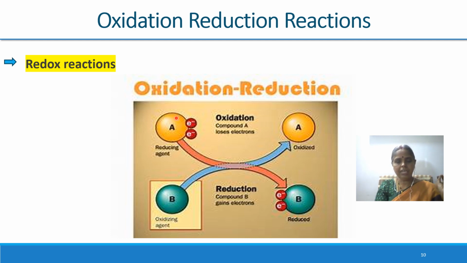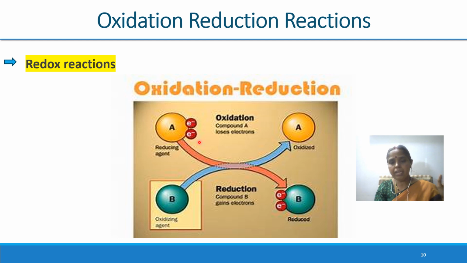A is having 2 electrons. B is not having any electrons; B is plain. After the reaction, the 2 electrons on A are transferred to B. Originally A was having the 2 electrons, now B is having the 2 electrons.